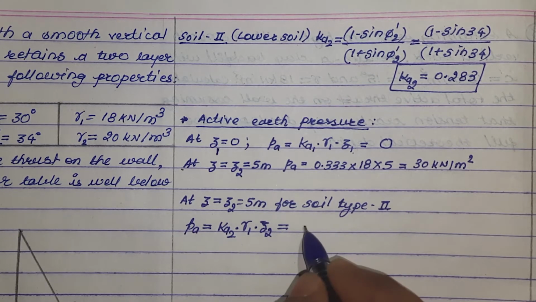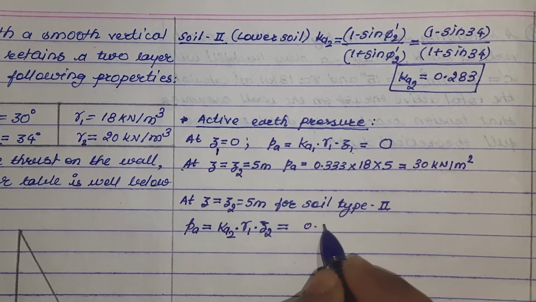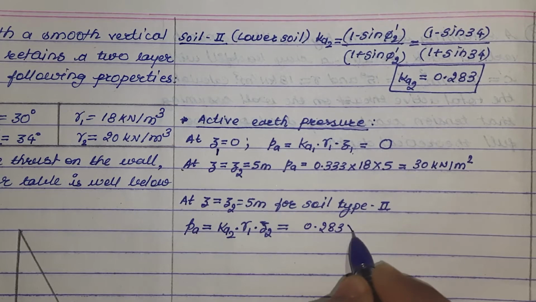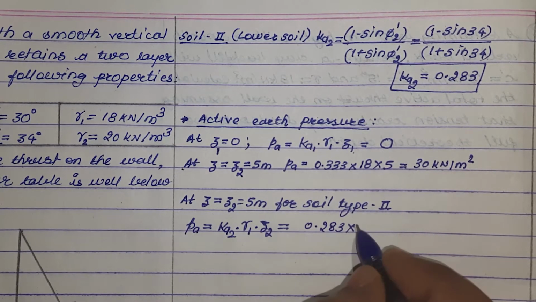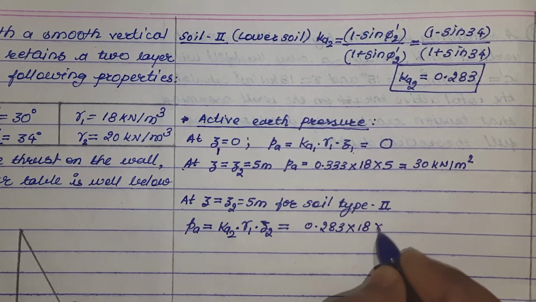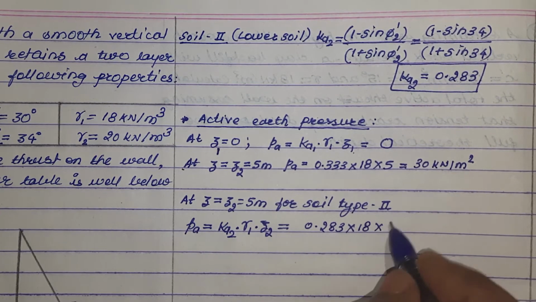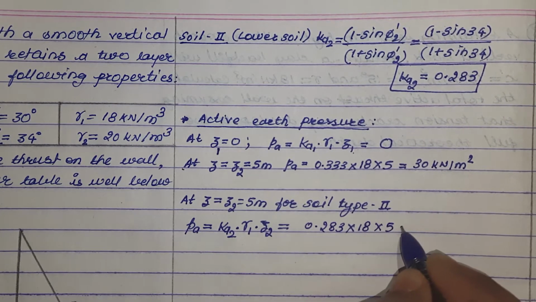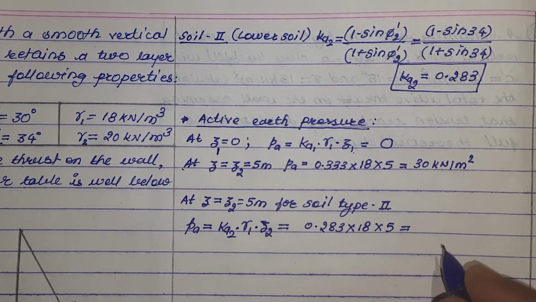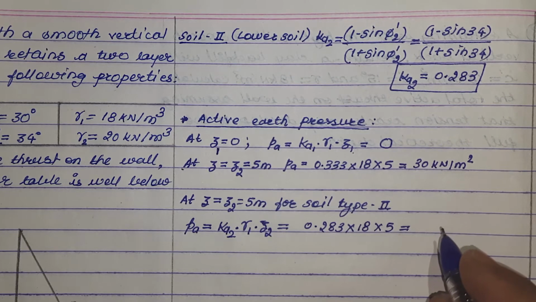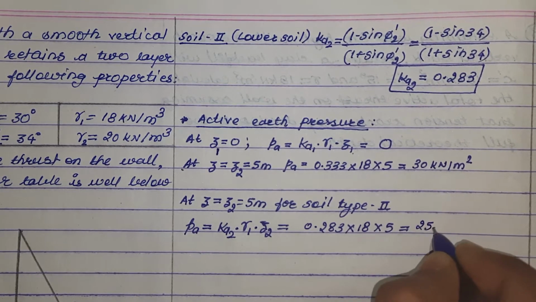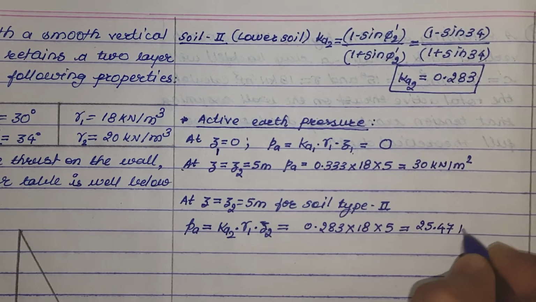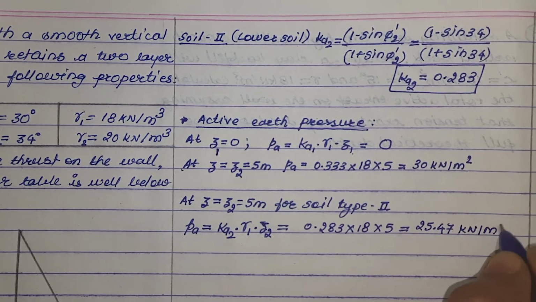Alright, so it is written as 0.283 multiplied by the unit weight of the first type of soil, which is 18, multiplied by Z2, that is 5 meter. So after calculation, we will get this value as 25.47 kilonewton per meter square.